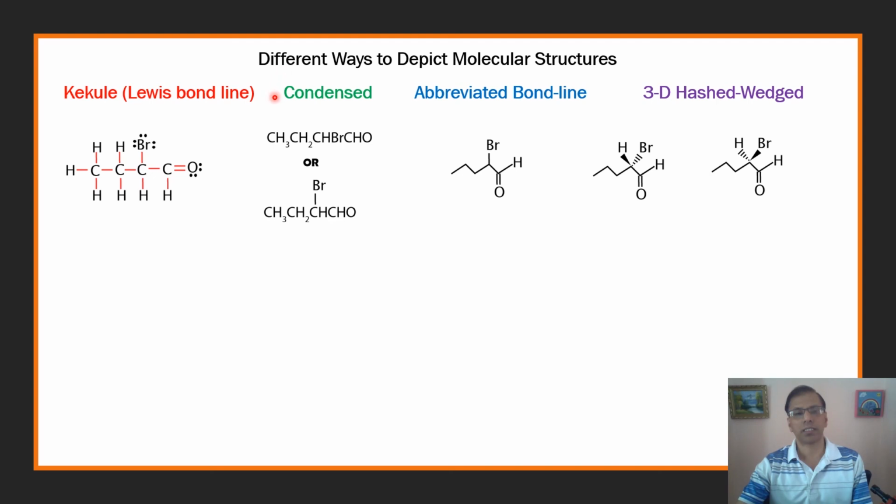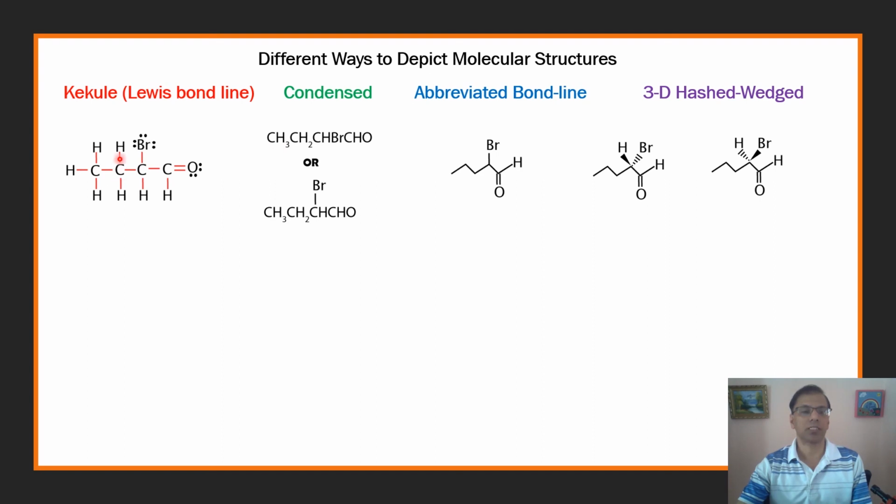Another way to write the molecular structure is called the condensed molecular structure. In this case, you don't draw the bonds like this. You just write it in a single line. All the atoms associated with each carbon atom are written next to it. In this particular case, the carbon is attached to 3 hydrogens, so you write CH3.